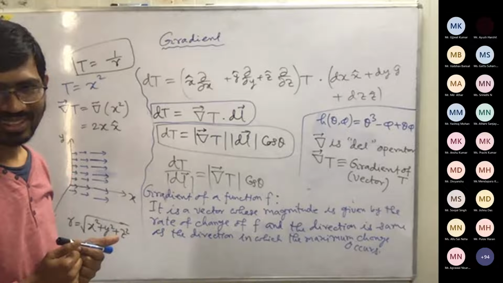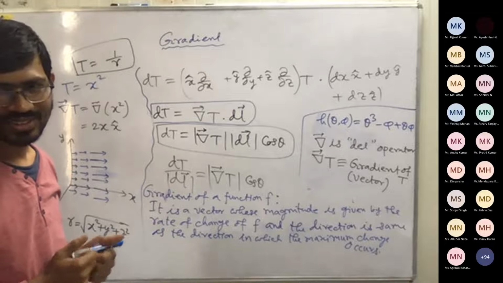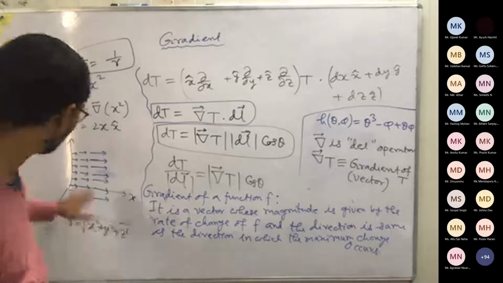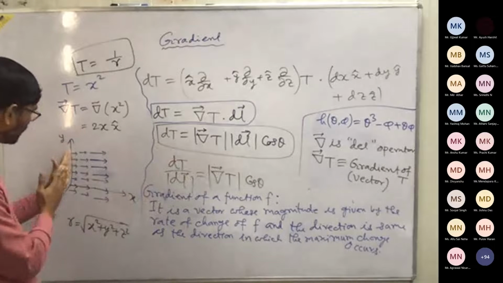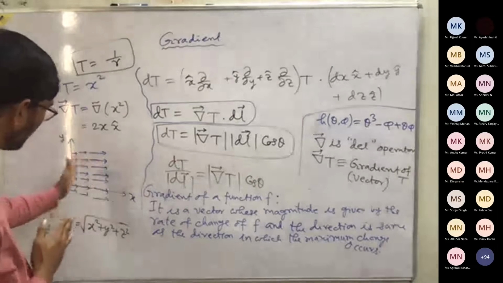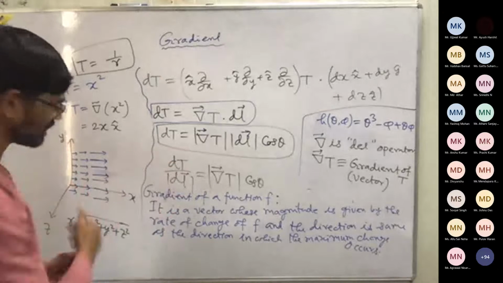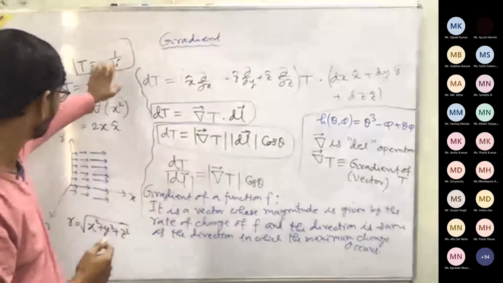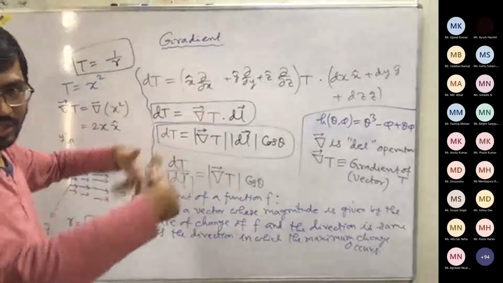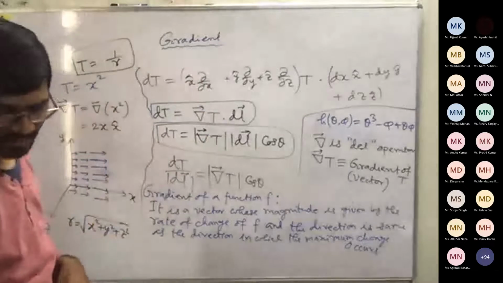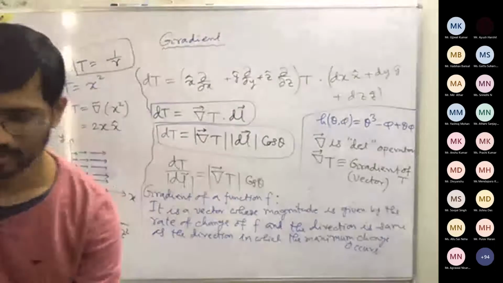In the previous example the arrows go from left to right, away from the origin. On the other hand, for this function, the gradient vector will point towards the center. You can do it yourself.